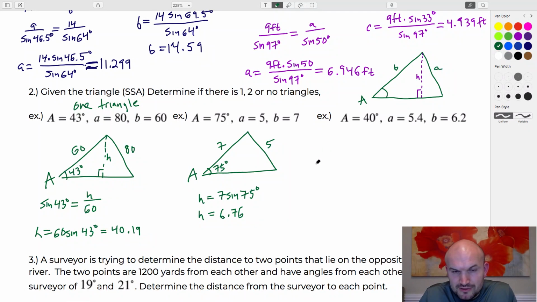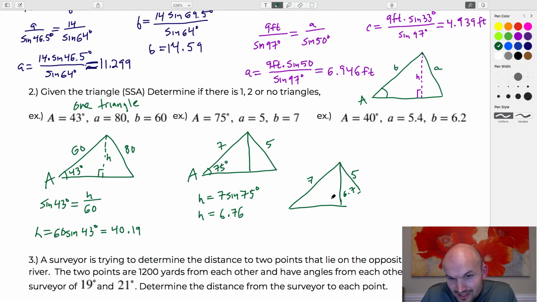Okay, so this is kind of weird. If you look at this triangle, the height is larger than the opposite side. So let's draw the triangle again. So here's 7, and let's just pretend this height is, I don't know, 6.7. Well, this side length is 5.